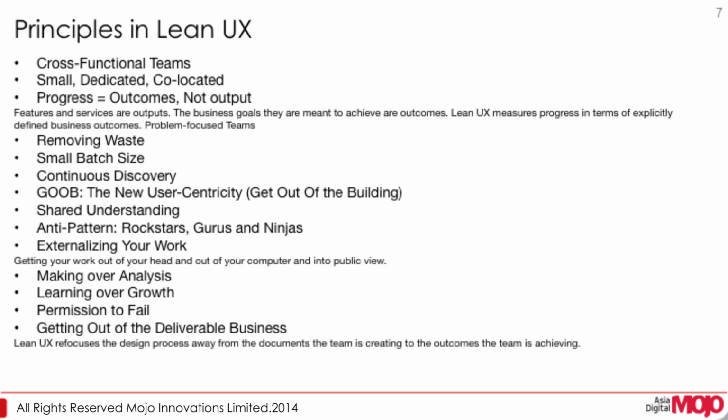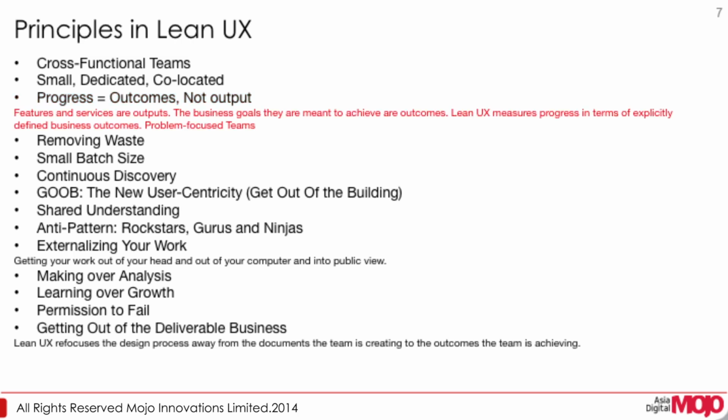There are several principles in Lean UX. You need a cross-functional team, inviting different disciplines into the team to get different points of view, and your design process needs to be more collaborative and co-located. And as we mentioned, we are looking for outcomes, not only output.